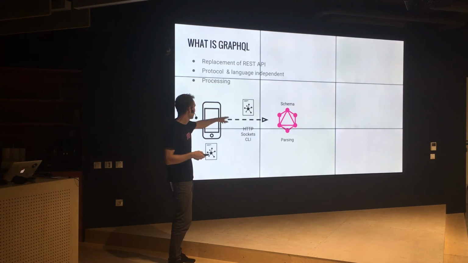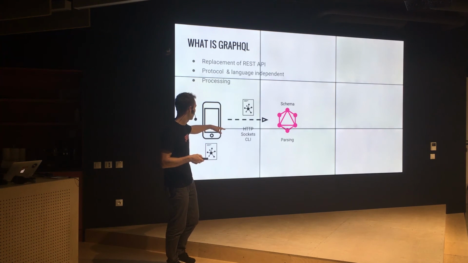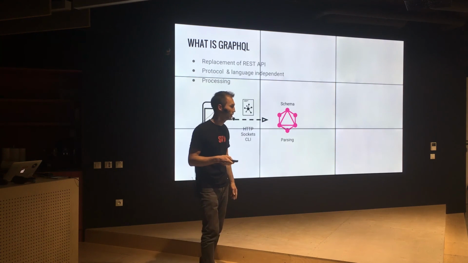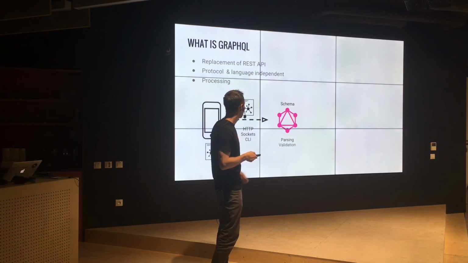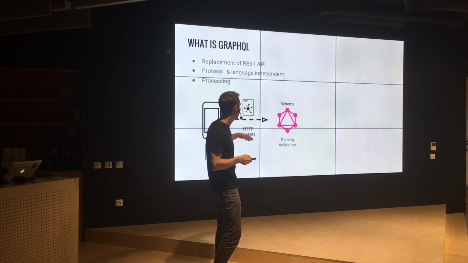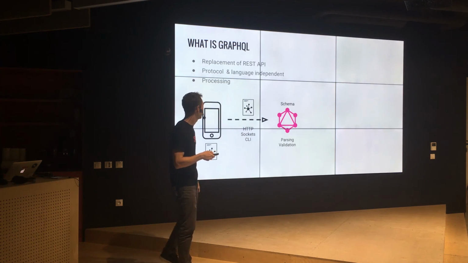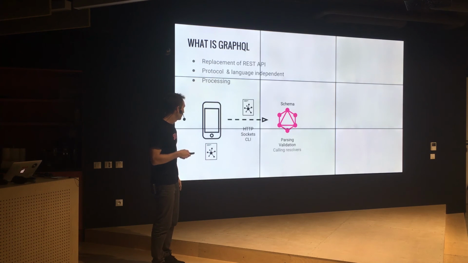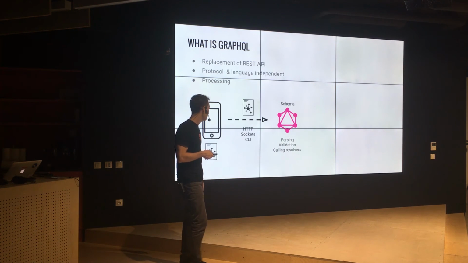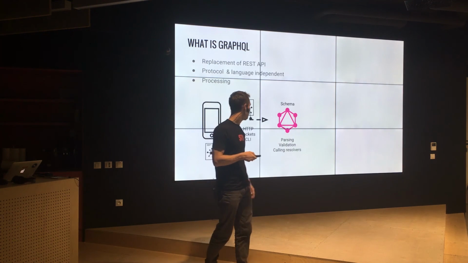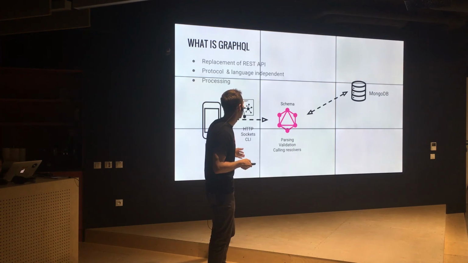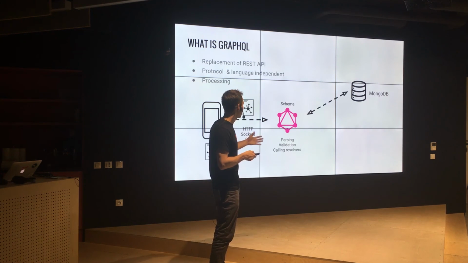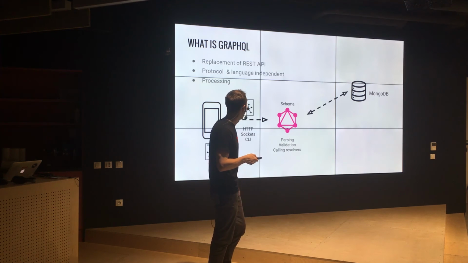So when the document comes to the server, the server first parses that document into an abstract syntax tree and validates that query against the schema you've defined. Then it calls so-called resolver functions, which ask data sources to retrieve data.